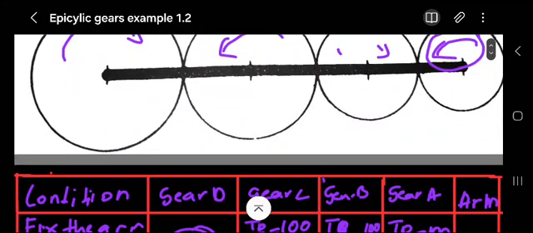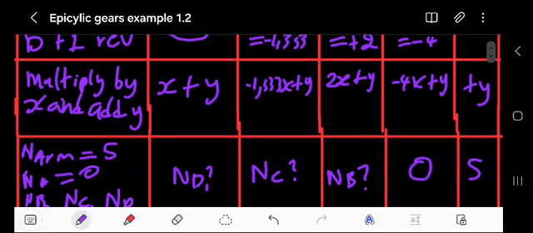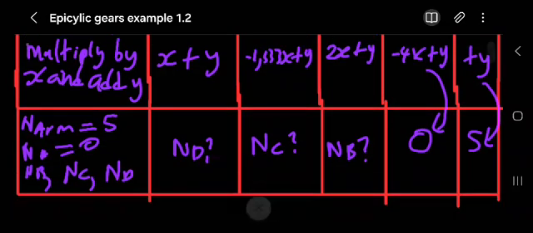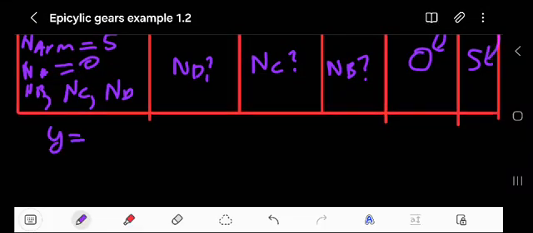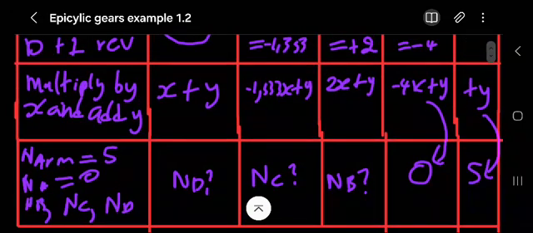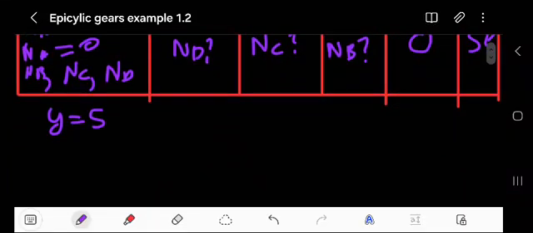Now you equate this and that. Here we cannot do anything. You equate y is equal to 5. Y must be equal to 5. Then you equate minus 4x plus y, which is 5, is equal to 0.